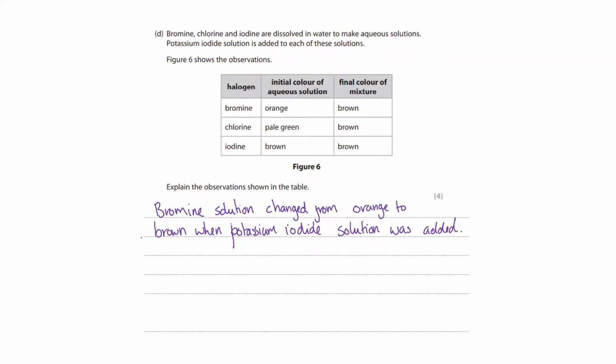So think about what's going on here. Bromine solution changed from orange to brown when potassium iodide solution was added. So a reaction occurred.